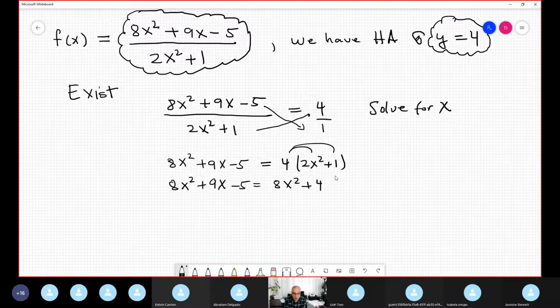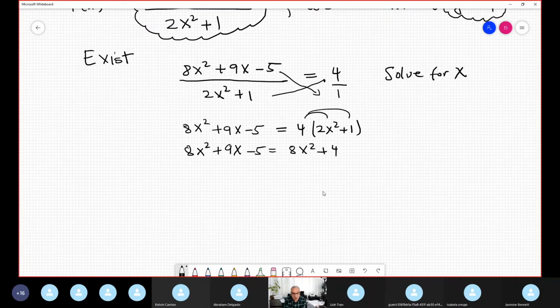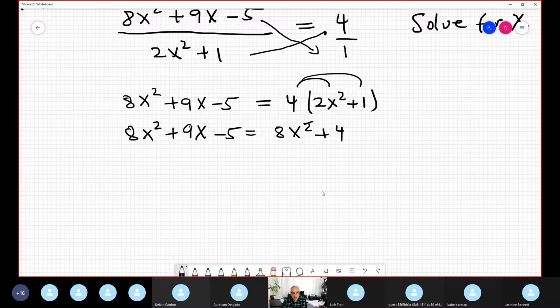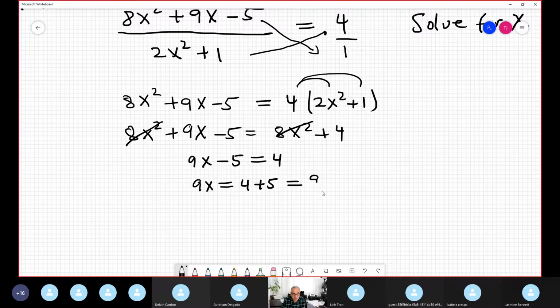Wow, look at that, fantastic. I like that. This part is the same on both sides, therefore I can cancel it out. When you have the same on the right and the left, you can cancel out, or it's equivalent to say when you have positive and negative on the same side. So my equation becomes easy, and we solve for x. It's a linear equation: 9x equals 4 plus 5, which is 9, divided by 9, it's obvious that x equals 1.